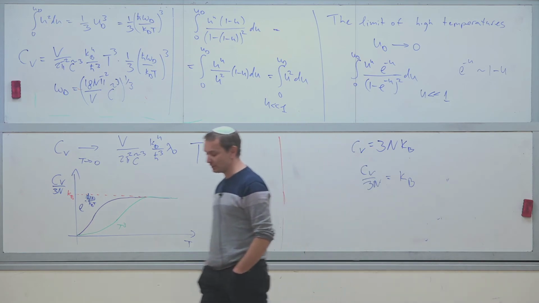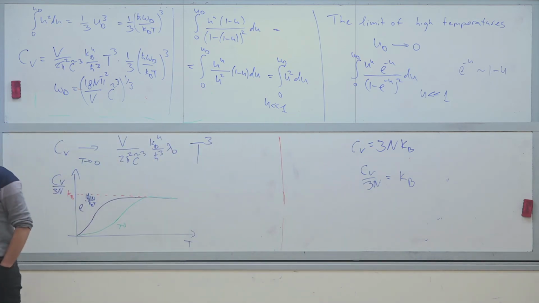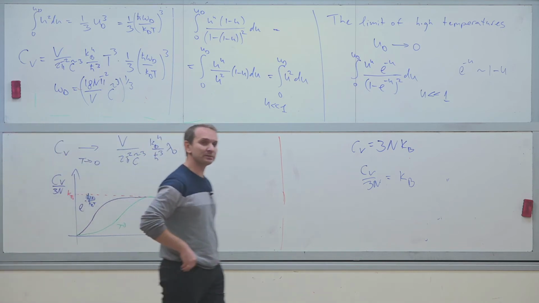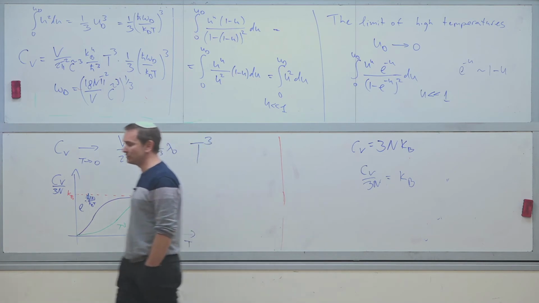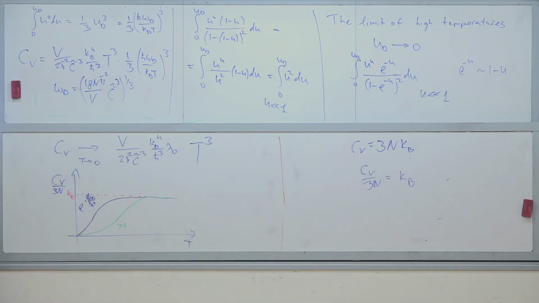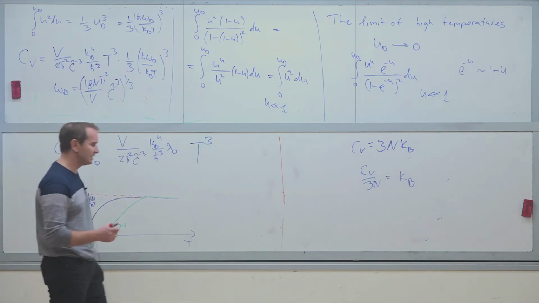And this is absolutely, or should be absolutely right for a system of 3n independent particles. Why am I telling you that this is what we should get? Because we have something called the equipartition theorem. The equipartition theorem states the following fact. You maybe learned this in thermodynamics or analytical mechanics.